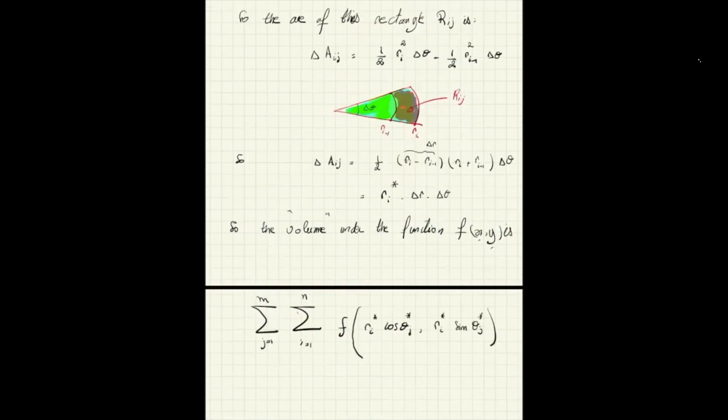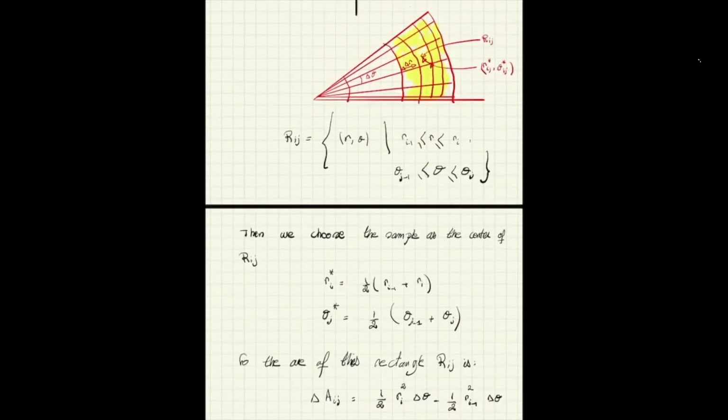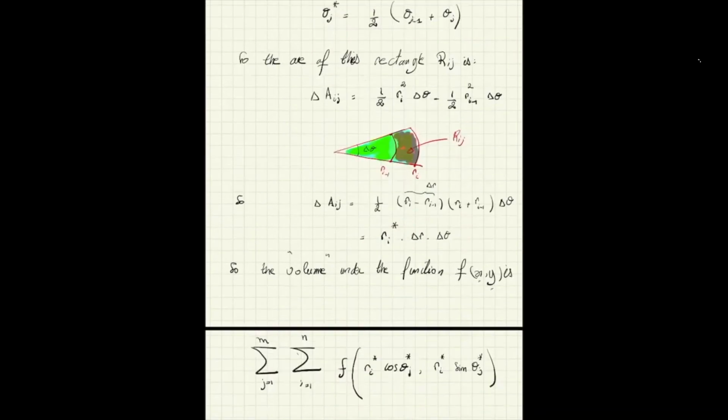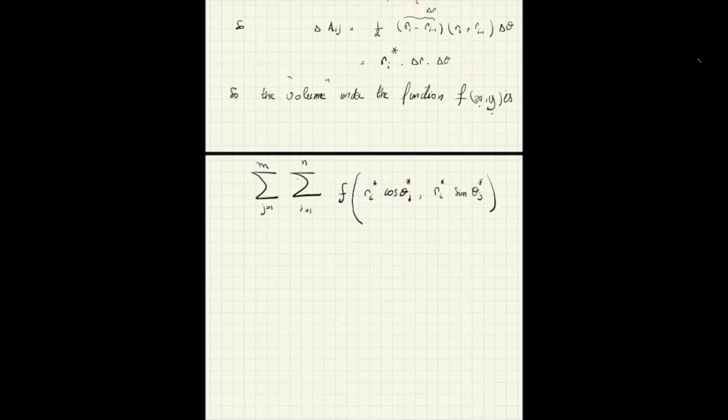So this is the image of this point. Then we multiply by the area of the basis, which we just computed. What is the area of the basis? It's r_i star delta r delta theta, right? And then you take the sum over all the i and j.